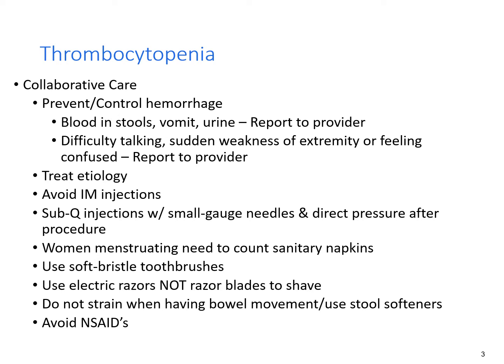If there's an increased frequency of needing more sanitary napkins and more bleeding, then that's a problem. Use a soft bristle toothbrush, use electric razors, not razor blades, to shave, do not strain when having bowel movements, use stool softeners, and avoid NSAIDs. All of that goes without saying, right? So you're monitoring your patient very, very closely.